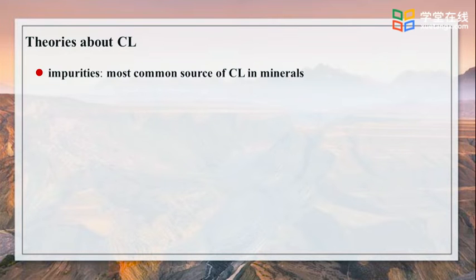Substitution of an element for the usual one is believed to be a key cause of distortion of the lattice in the mineral. The impurities in the structure generate luminescence centers and are most commonly transition elements, rare earth elements, and actinide elements. These impurities are generally the most common source of CL in minerals.